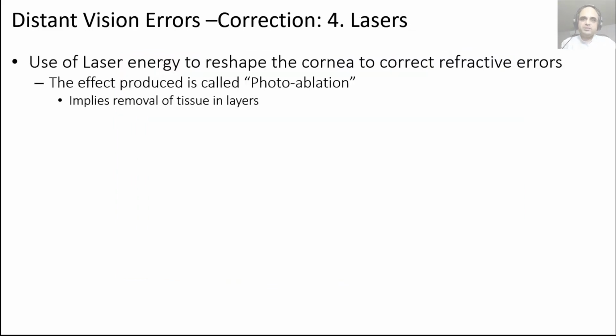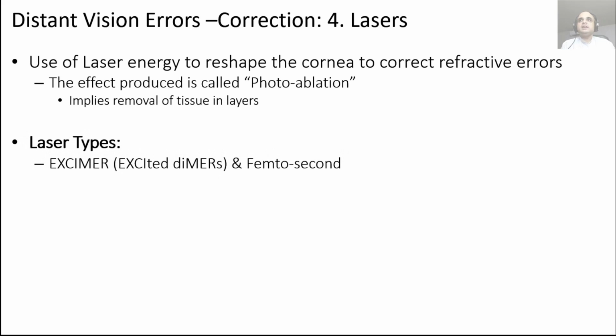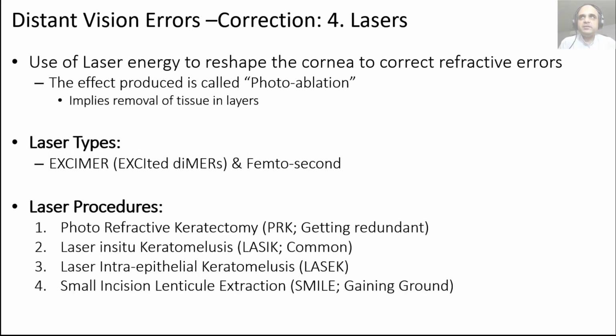Lasers. Everybody wants to get laser surgery done. So what we can do is use laser surgery to reshape the cornea to overcome the refractive error. The effect produced by the laser is called photoablation, and that is like removing tissues in layers. The laser types used to correct refractive errors are excimer laser, which is a contraction of excited dimers, and femtosecond laser.